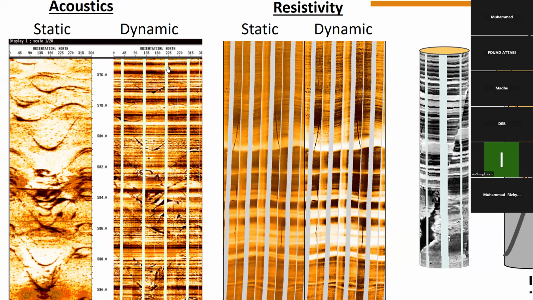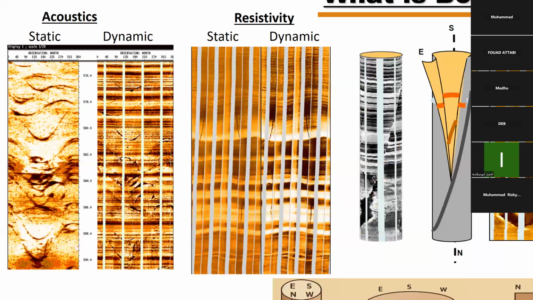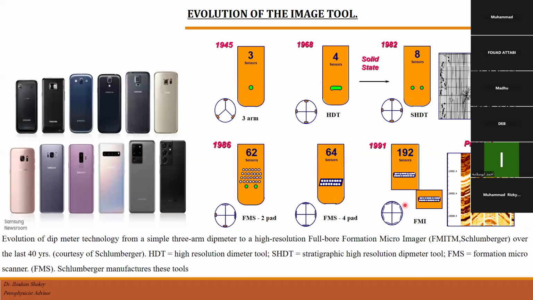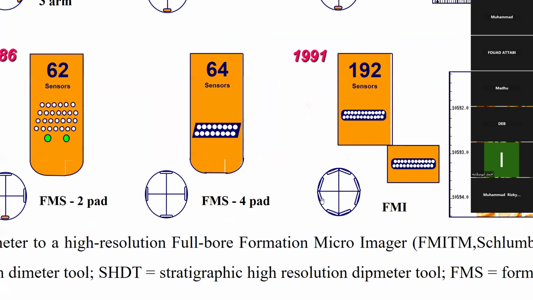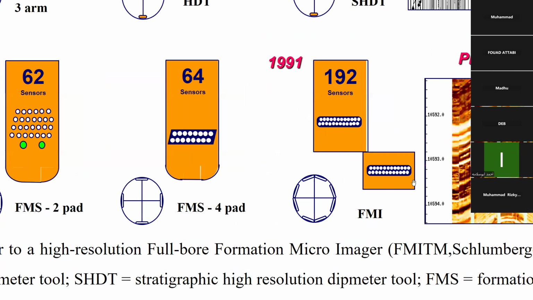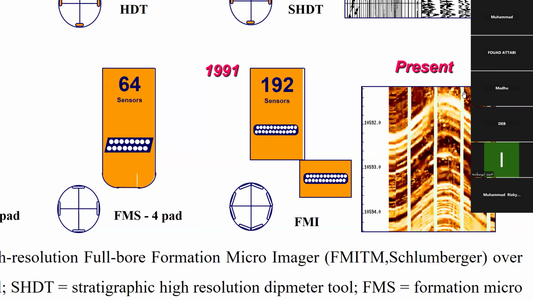While in the wireline image there is a gap between the arms, as we can see here. These are the arms of the image tool. These gaps will be observed here, which is the gap between one pad and another.